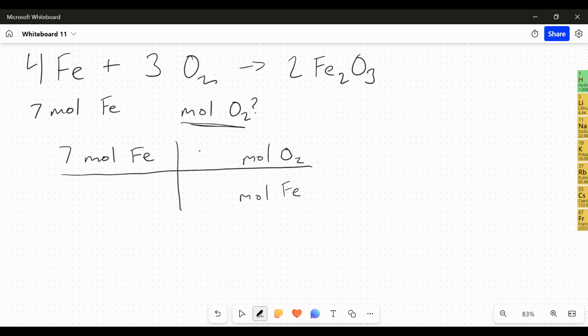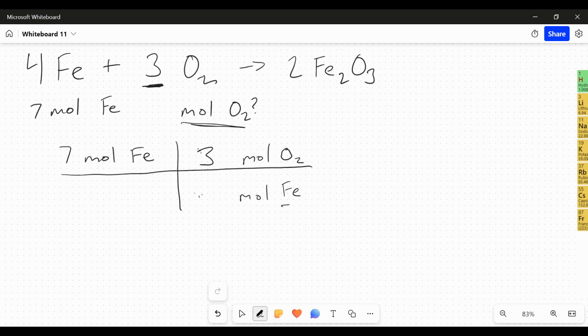Now I need to know what numbers go here. This is where the mole ratio comes into play. Because what I'm going to do is take the coefficients and put them in the matching spots with their units. So, for instance, on the top, you see how I have O2? I'm going to put the coefficient from O2 in this blank spot. So I'm going to put a 3 right there.